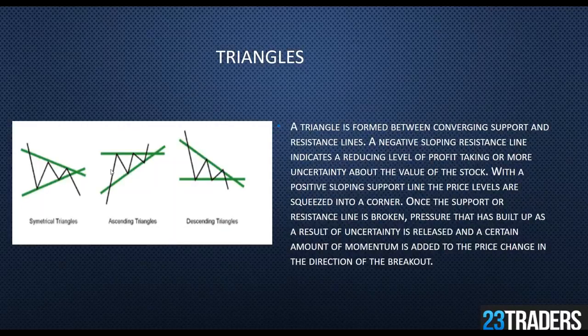In an ascending triangle, the support line is horizontal and the trend line is on an angle coming up to it. In the opposite, in a descending triangle, the support line or the resistance line, depending on which price is moving, is horizontal, and the trend angle then, or the price channel angle, then descends on it.